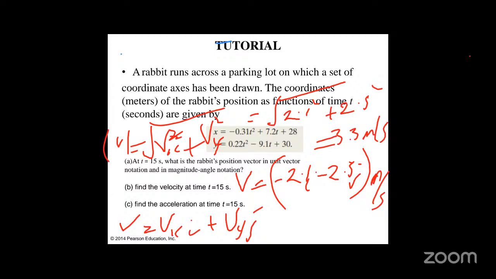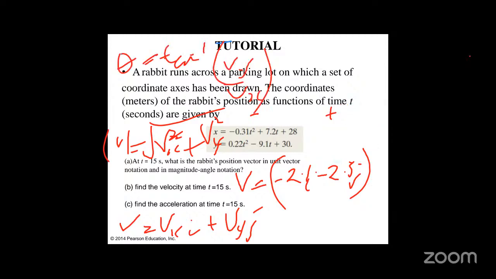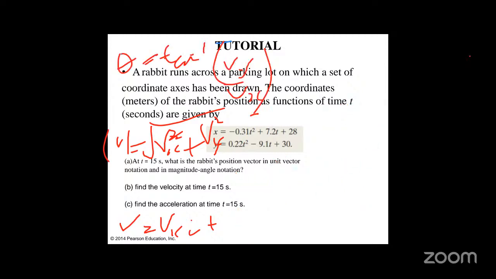And then if we want to find the angle of the velocity, theta is equal to inverse tan of Vy over Vx. So Vy is minus 2.5, Vx is minus 2.1.